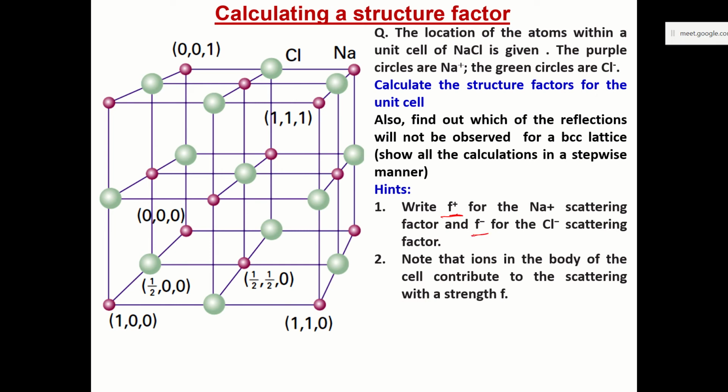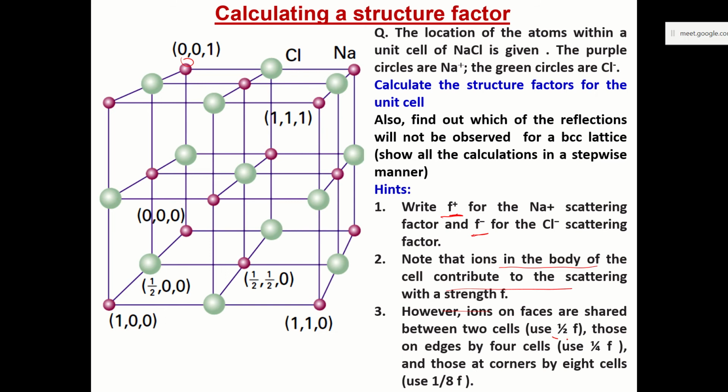Write the 27 terms of the equation, 27 lattice points, so 27 terms, and assign the scattering factor: it will be halved if they are shared by 2, 1/4 if it is the edges, 1 by 8 for the corner ones, and the face ones will be half.